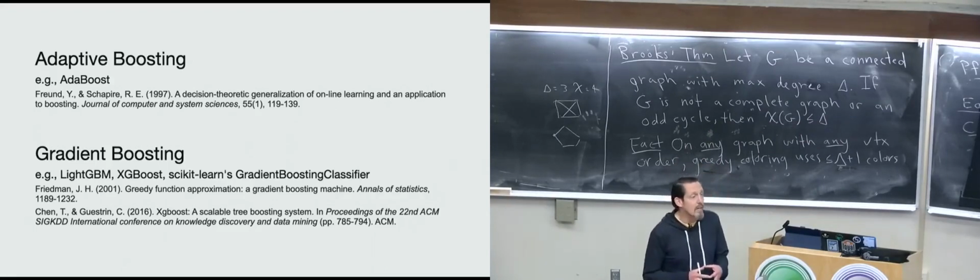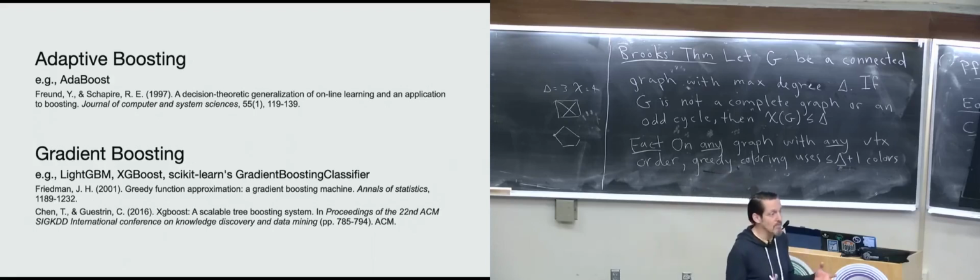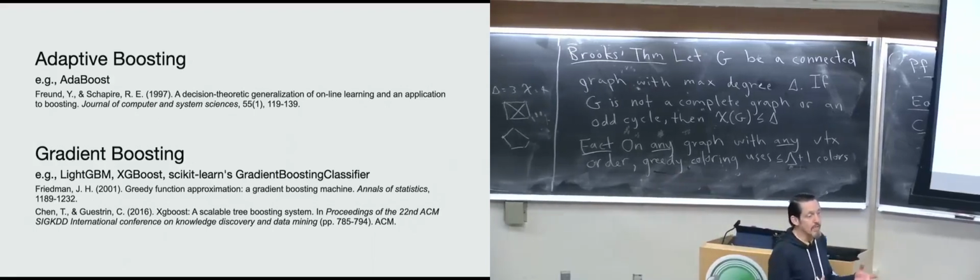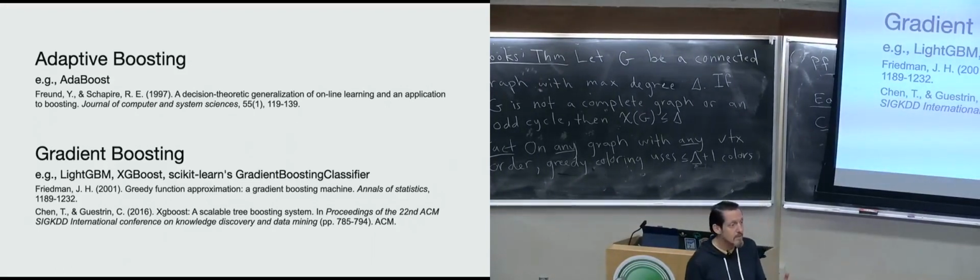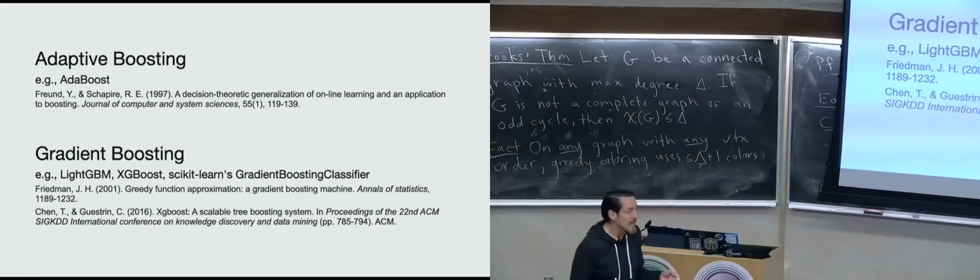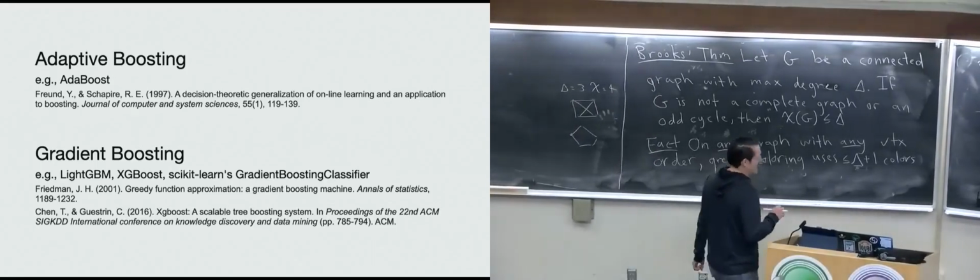So if you have a pandas data frame of data, gradient boosting is a good choice as a default attempt at stuff. It's less good at images and sound files and stuff like that, okay? It's the tabular data that it shines on.